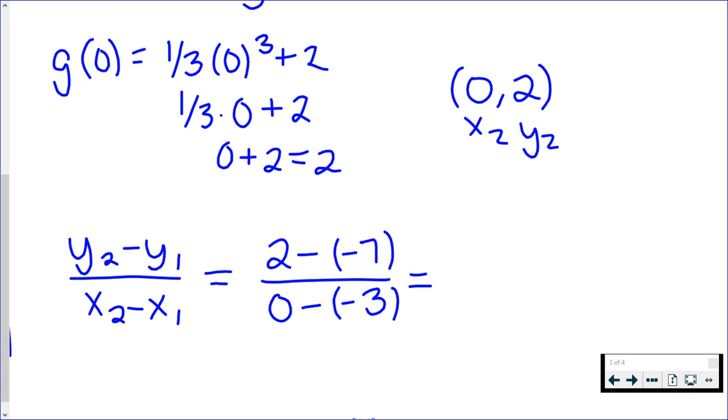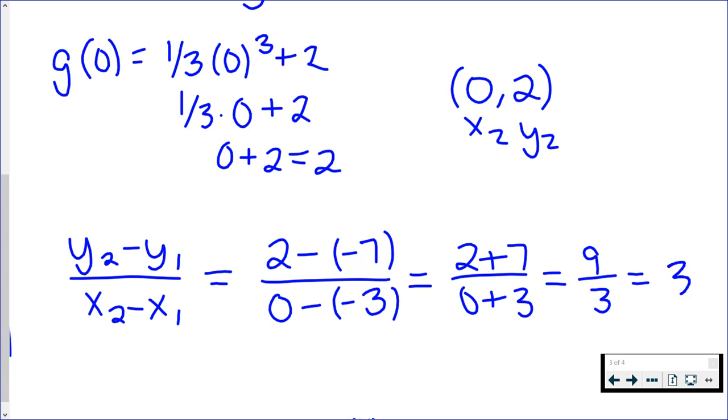These negatives become positive here. Simplify. And we get an average rate of change of 3. So that is your final answer.